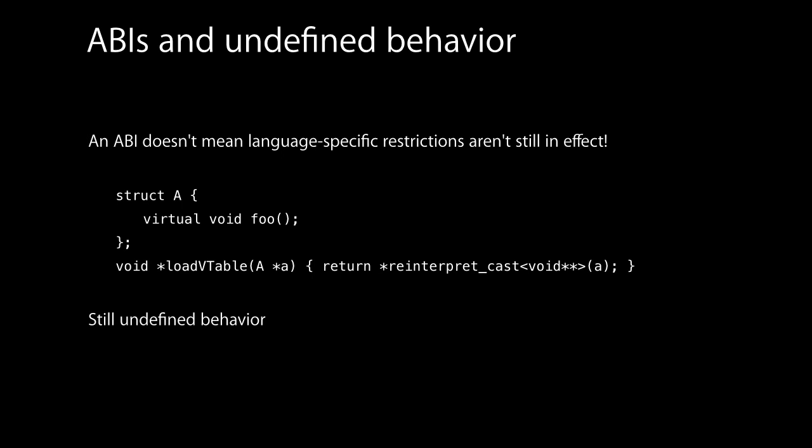You still can't actually read that in your source language, even though you know it's right there, because that's still undefined behavior in C++. So the fact that it is defined by the ABI, and that you know you're compiling for a platform where it's done in this particular way, doesn't change the core rules of the source language that you're working within.